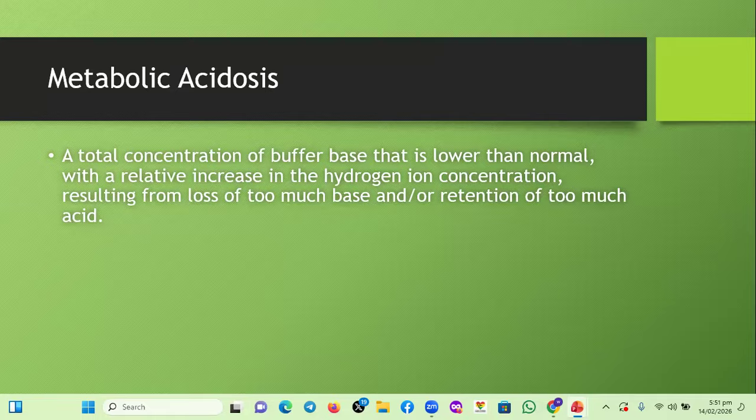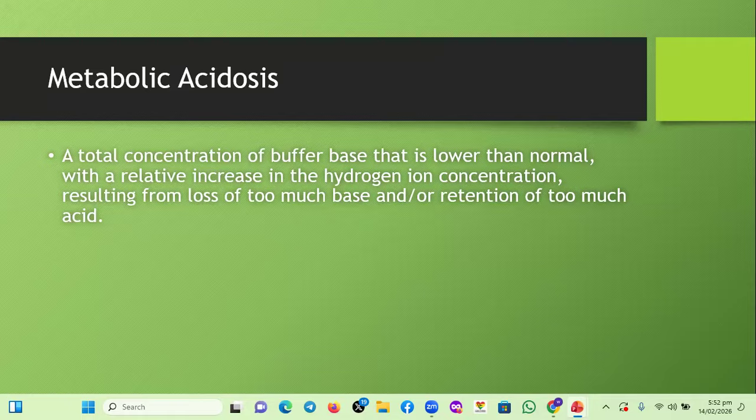If it is metabolic, we are looking at the bicarbonate level and pH, the same way we looked at carbon dioxide and pH for a respiratory issue. Those are the two we compare to determine what type of metabolic issue it is.